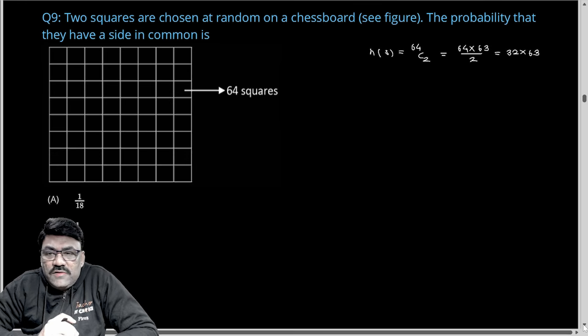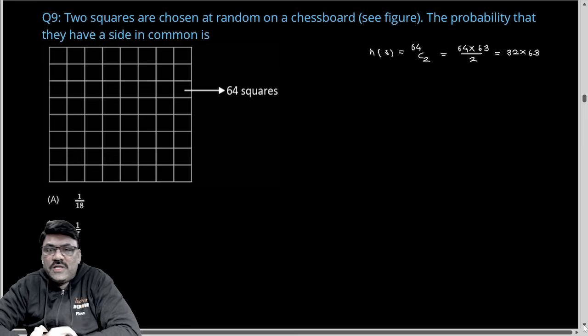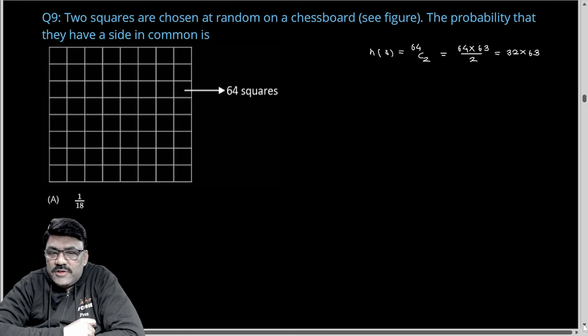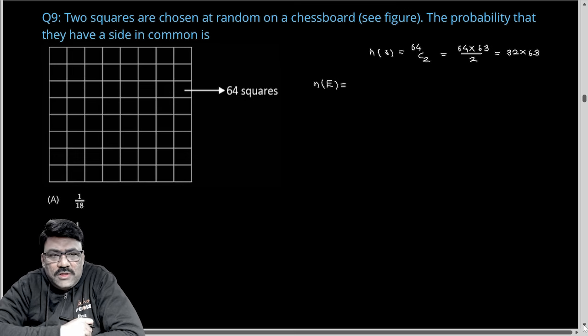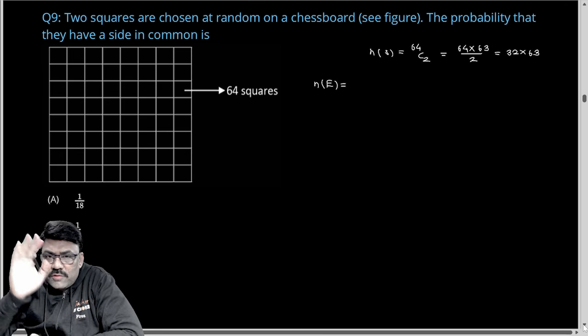Now they are saying, what is the probability that they have a side in common? Means the 2 selected squares must have a common side. So what will be the favorable number of ways? Let's say E is the event that 2 selected squares have a common side. Common side is possible only when you choose 2 adjacent squares, either from a row or from a column.